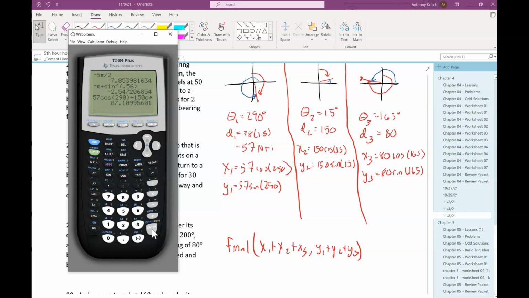So that's 87.11. And then just replace all the cosines with sines. And we got 5.97.